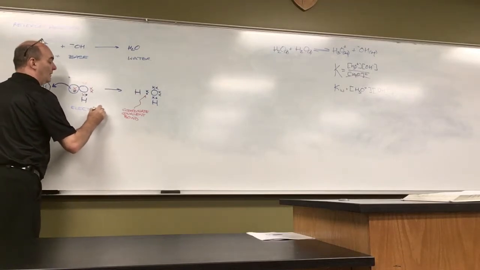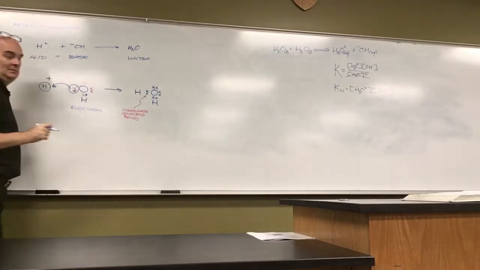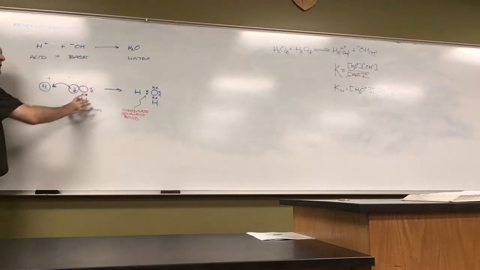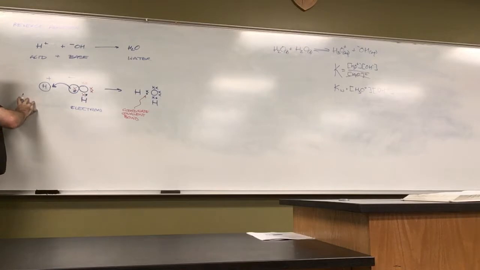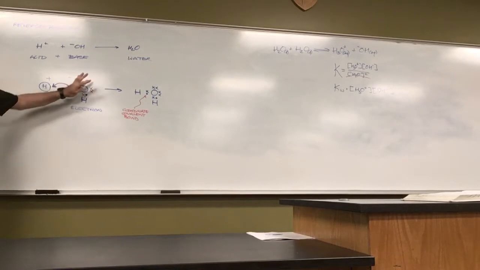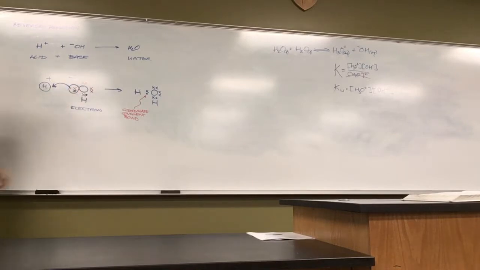Now, the trouble with general chemistry is it dwells far too much on the acid and doesn't pay nearly enough attention to the base. And when you get to do organic chemistry, which is the next full year after this, we're going to be talking about the bases pretty much exclusively, because they're the things that cause the reactions to occur.